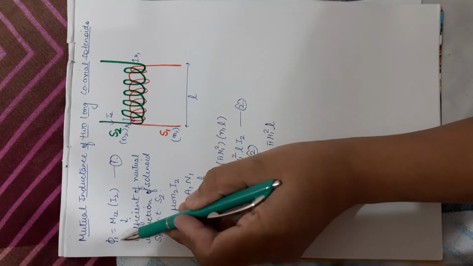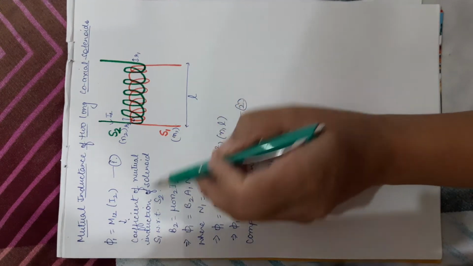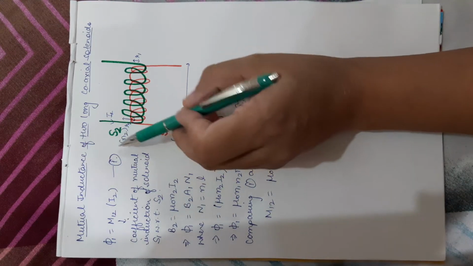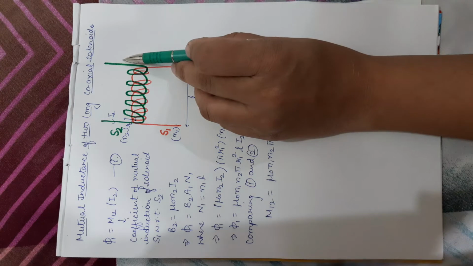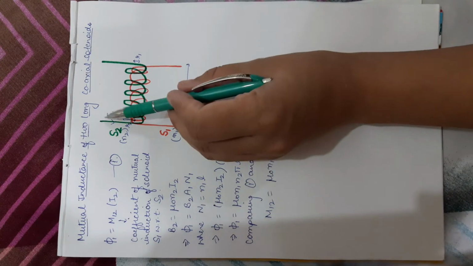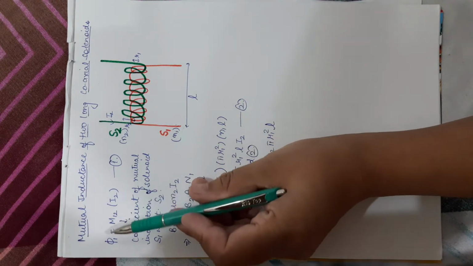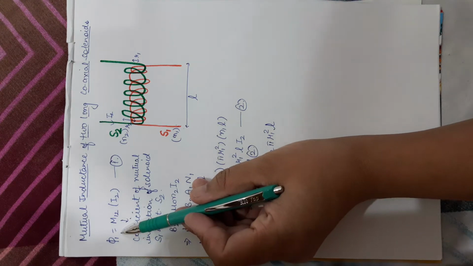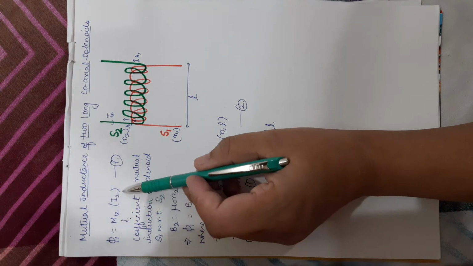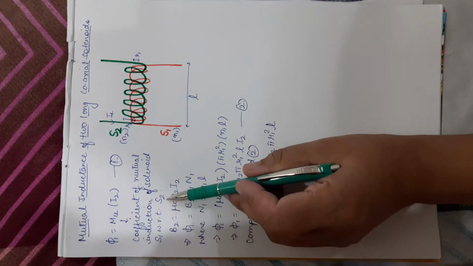So phi1, the time varying magnetic flux through S1, is directly proportional to the current I2, because as we have already discussed, the current in one solenoid will result in induction in the second coil. So the current I2 will result in flux in the first solenoid S1. So phi1 will be written as M12 I2, where M12 is the coefficient of mutual induction of solenoid S1 with respect to S2.